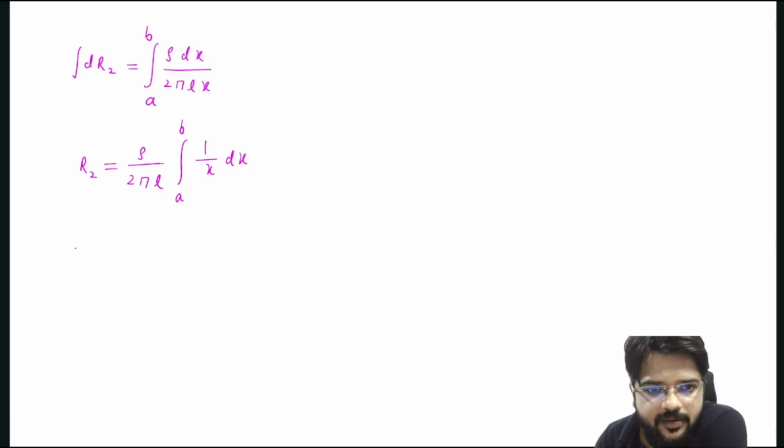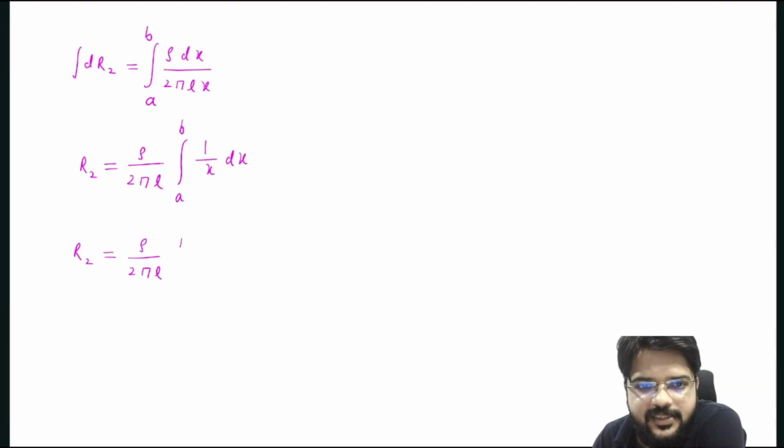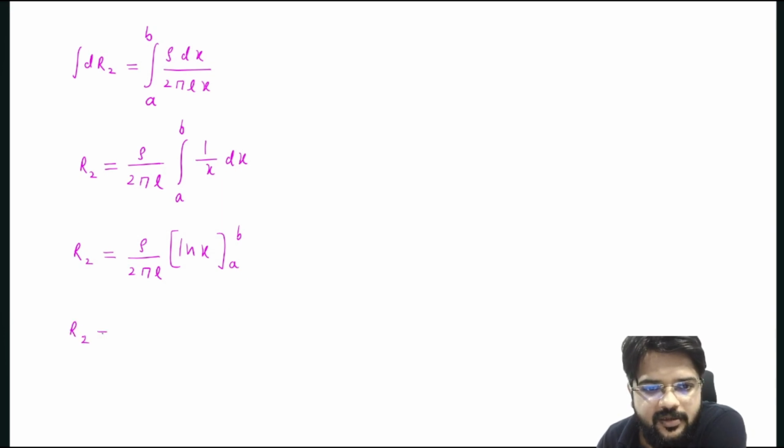Okay. Now the integration of 1 by x is what? It is log x. A to b is the limit. Put upper limit minus lower limit. So R2 can be written as rho by 2 pi L log b by a.